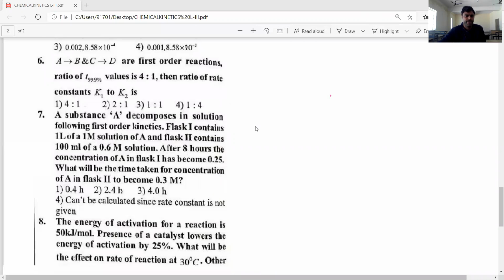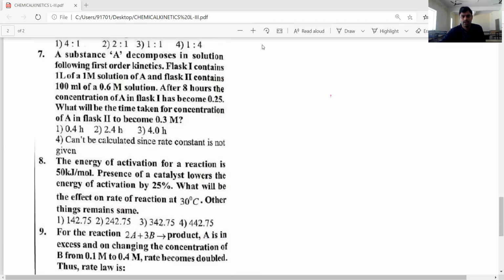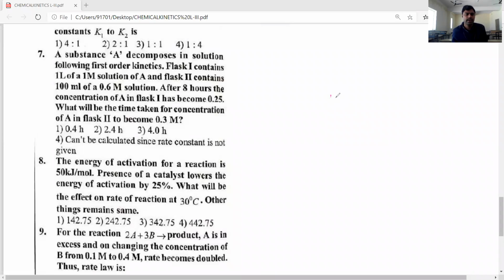Okay, let's see the next, seventh question. A substance A decomposes in a solution following first order kinetics in a flask. This is flask 1 and flask 2.